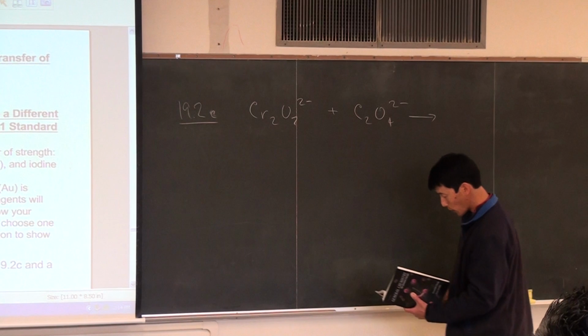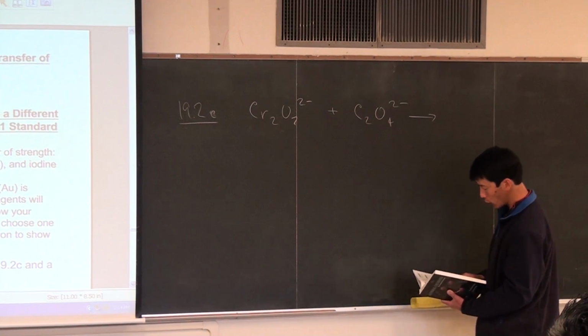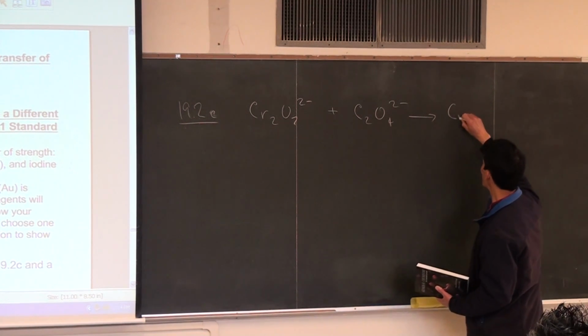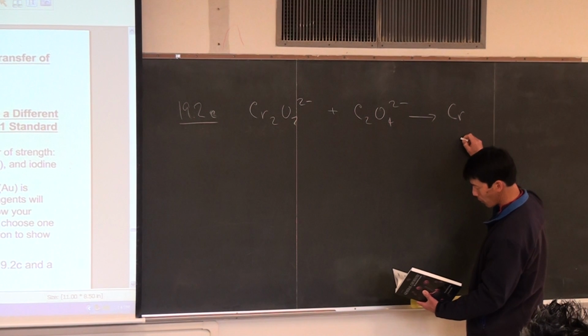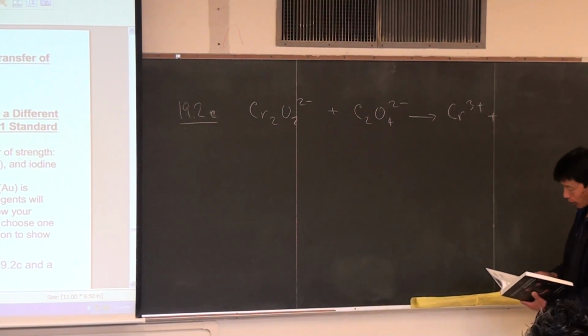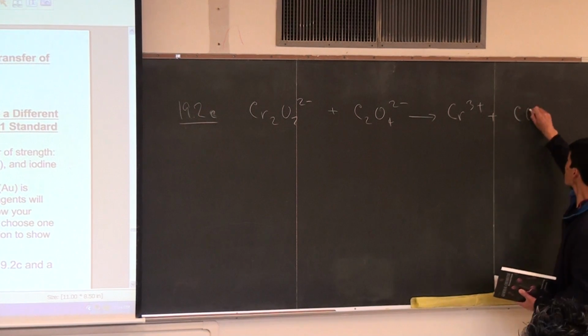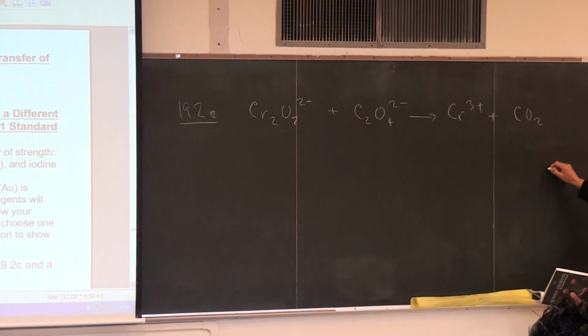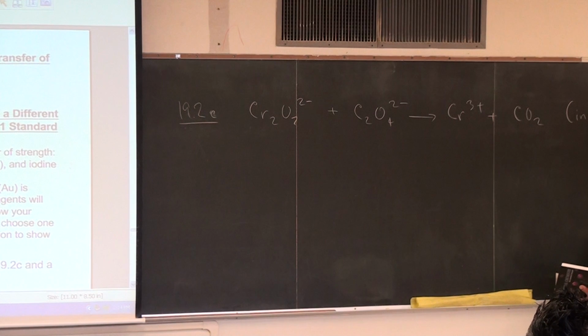Then the products of this reaction are Cr3+, and the other one is CO2. And then it says this is an acid solution.